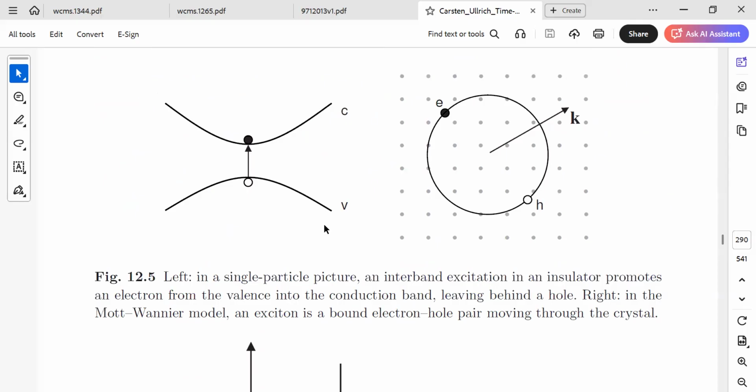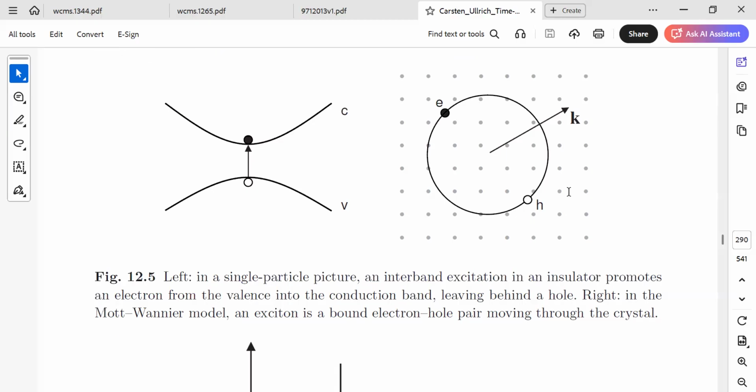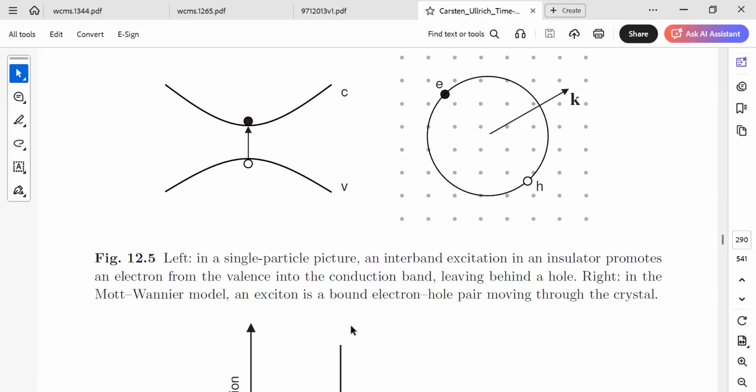The basic theme is that in real space, this electron and hole behave collectively, and this is called the Mott-Wannier model. An excitation is a bound electron-hole pair moving through the crystal.